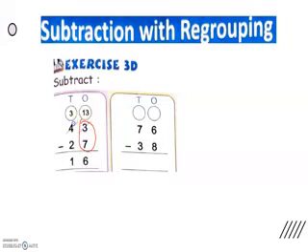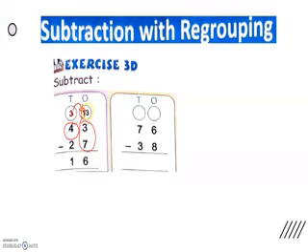You have to take 1 from the tens group. From 4 you are going to take 1. So 4 will become 3, and you have to give that 1 to the tens place of the ones group.